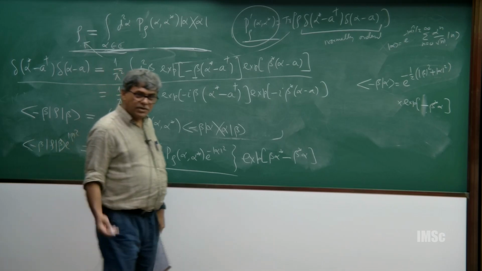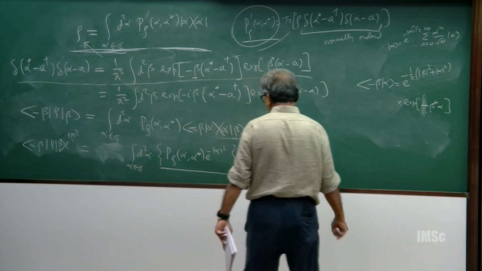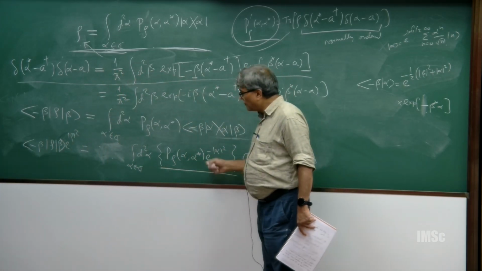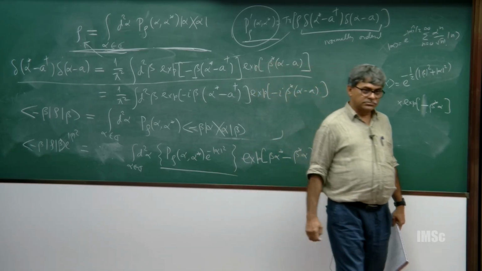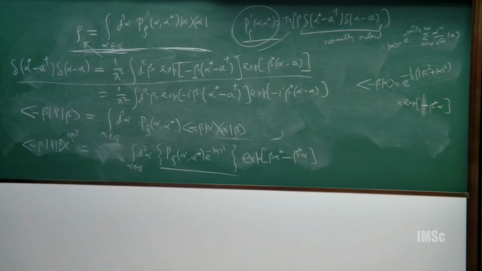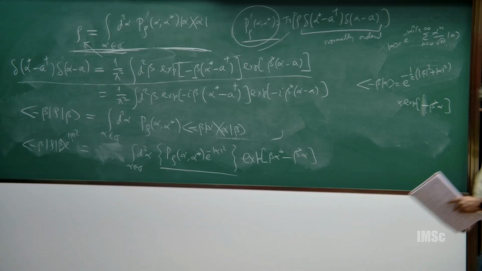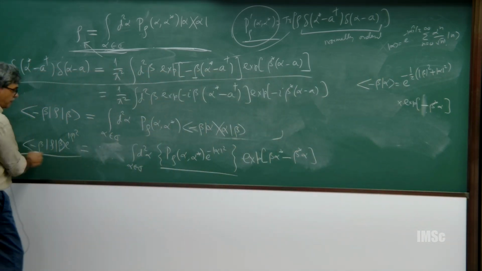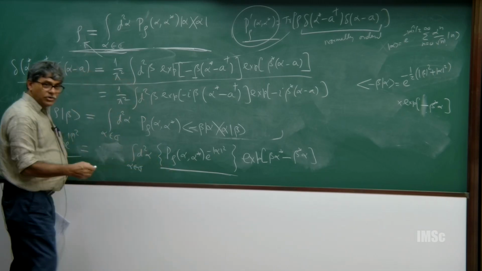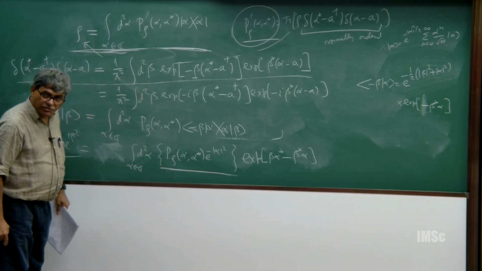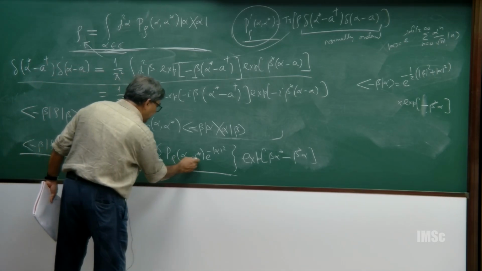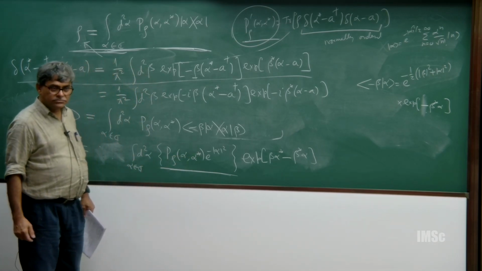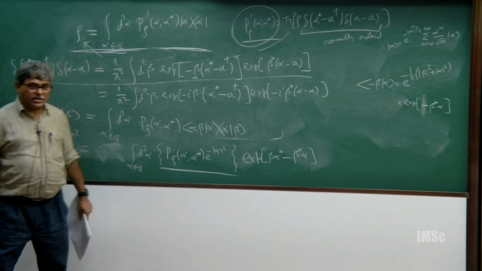I mean, the complex Fourier transform of this function, right? Okay, good. So, once you have the Fourier transform, you can do the inverse Fourier transform to get p rho of alpha alpha star. Is that clear?